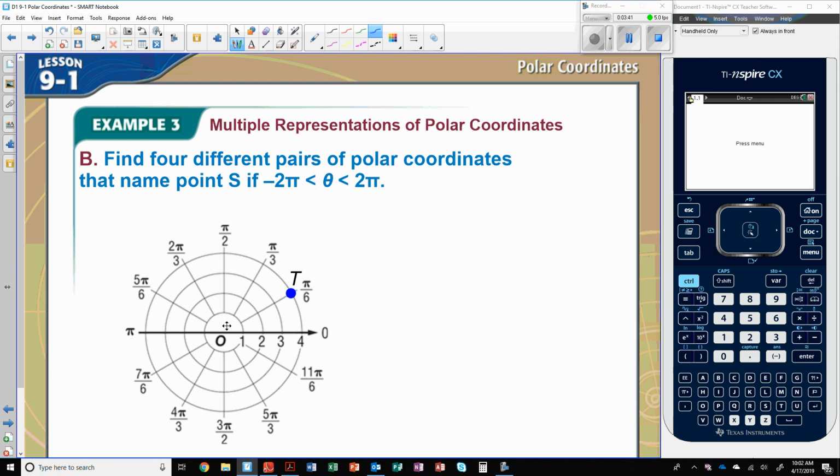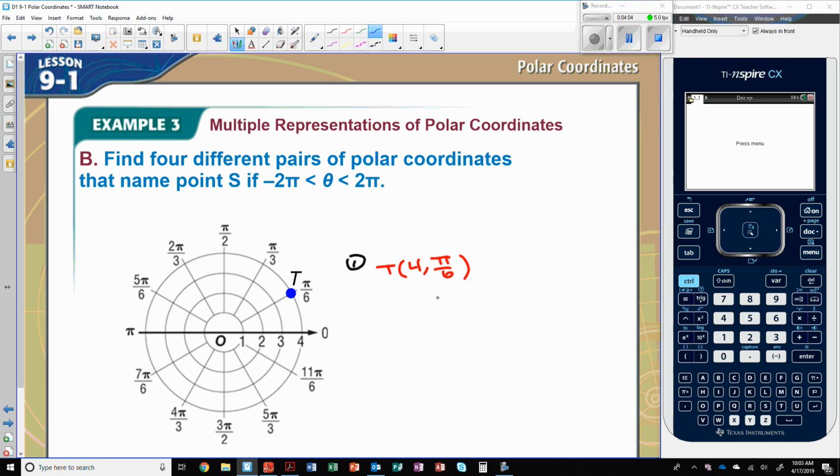To label it the most simple way, I'm just going to observe how many circles out towards pi over 6 this is. It's on the 1, 2, 3, 4th circle. So I would label this point T as 4 circles towards pi over 6. Now because this is in radians, I'm not going to add and subtract 180 this time.